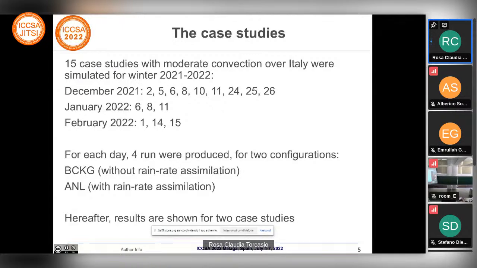And for each day, we produced 4 runs, considering that we are doing a rapid data cycle every 6 hours. And we consider 2 configurations, a background configuration without rain rate assimilation and an analysis configuration with rain rate assimilation. In the following, we're going to see the results for 2 case studies.